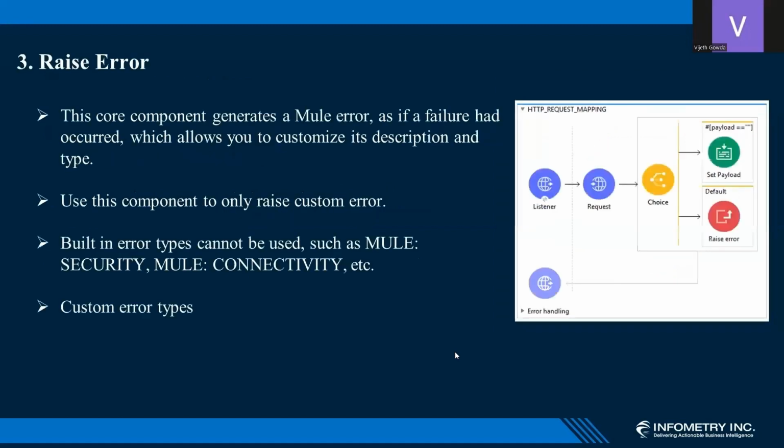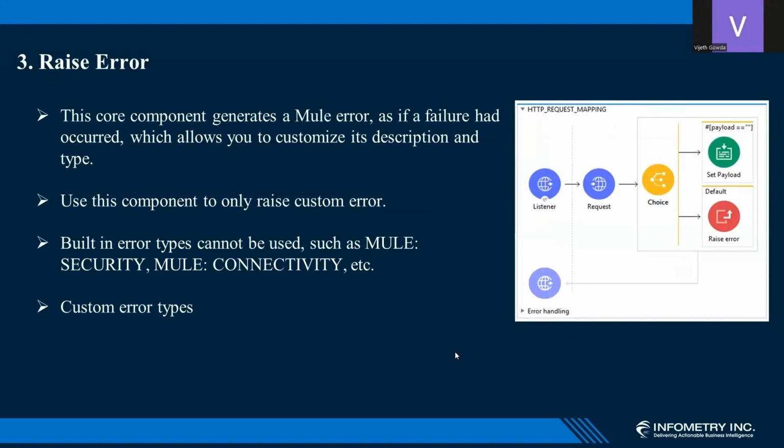The next scope is raise error. The raise error component generates a Mule error, meaning we can define our own error by defining a custom error type and custom description. Basically we will use this raise error component to raise an error based on some condition, according to the requirements.